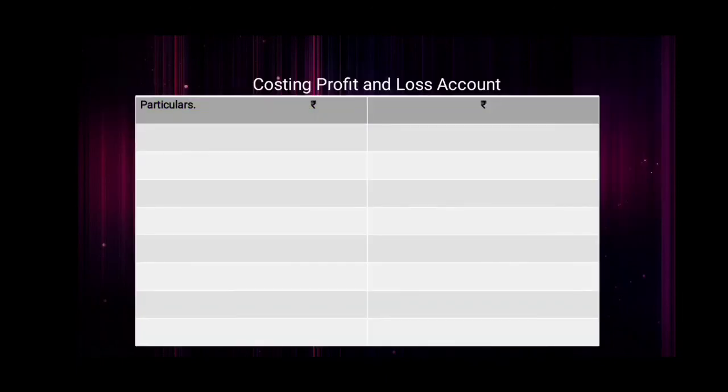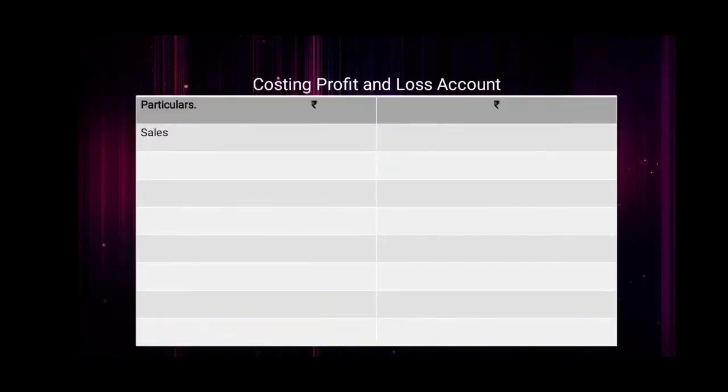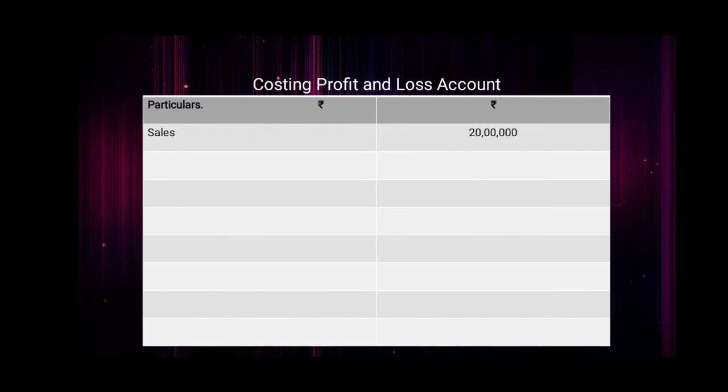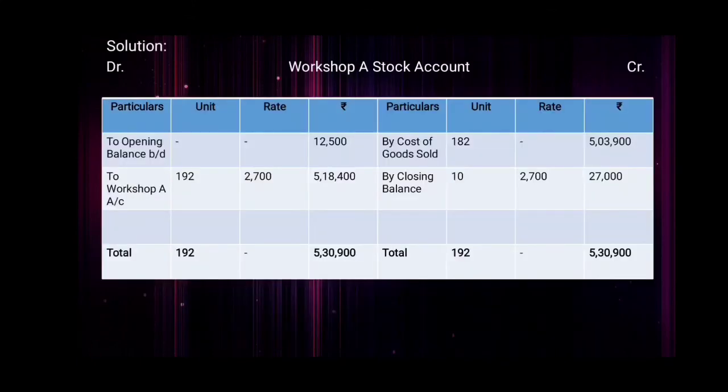So now let us prepare costing profit and loss account. In the question they have given sales amounting 20 lakh. So we'll record it in costing profit and loss account as 20 lakh. Cost of goods sold. For workshop A stock account, cost of goods sold is given as 5,03,900.